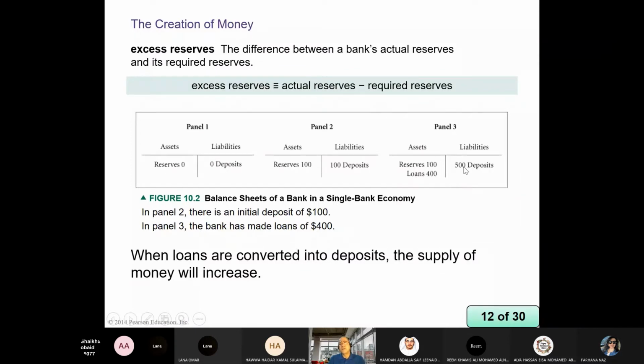So see here, when loans are converted into deposits, the money supply will increase. So here 80 dirhams as a new deposit gives the bank an opportunity to give a new loan worth 64 dirhams.